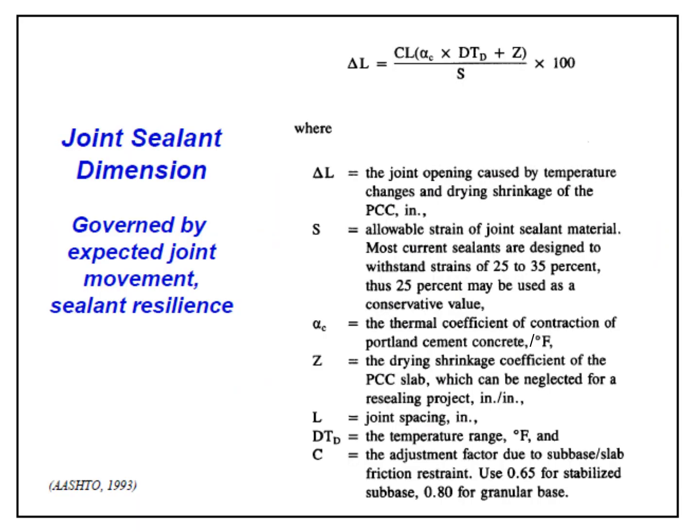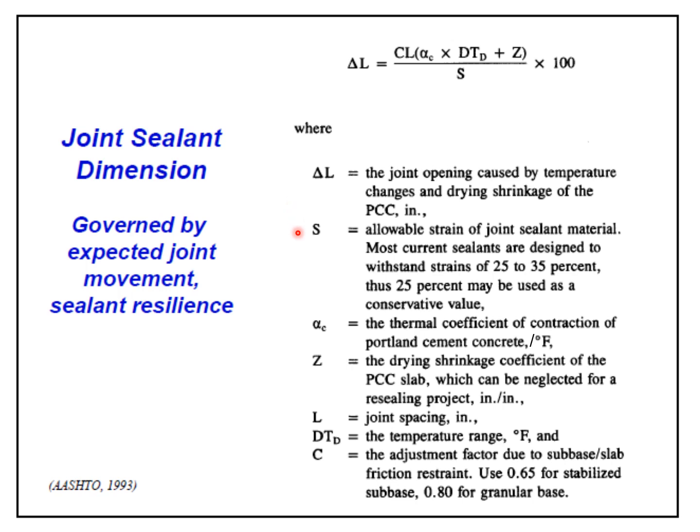Now on this particular slide you can see the joint sealant dimension, which is governed by the expected joint movement and sealant resilience. So this is the formula here. This delta L is basically the joint dimension, or you can say the joint opening caused by temperature changes and drying shrinkage of PCC, in inches.